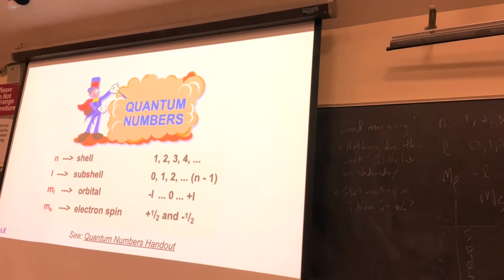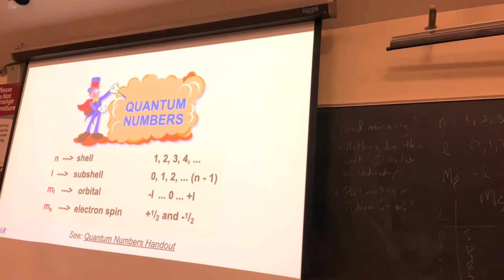M sub L depends on L. You have to know L to know what M sub L values are. So for example, when L equals 1, M sub L is minus 1 to positive 1 in whole numbers: minus 1, 0, plus 1. But if L equals 2, then M sub L is minus 2 to positive 2: minus 2, minus 1, 0, plus 1, plus 2. The orbitals increase as L increases.